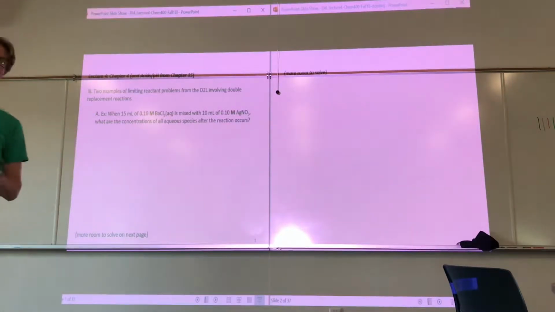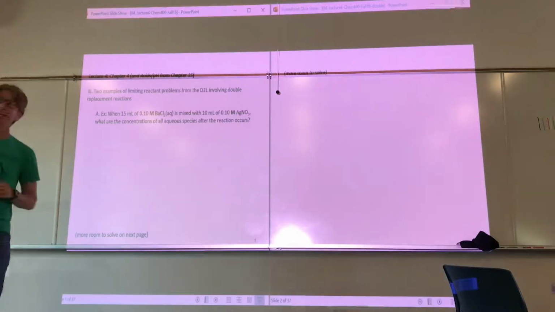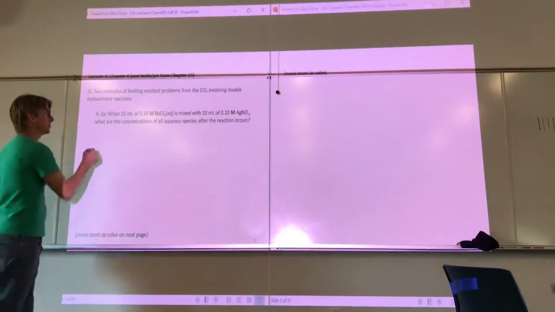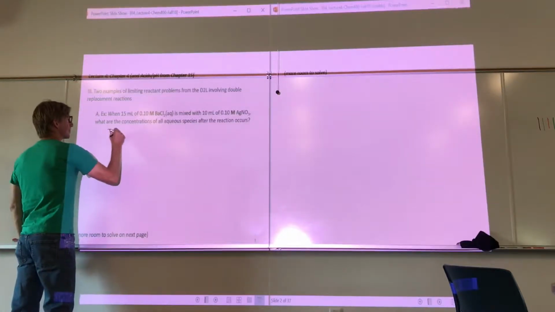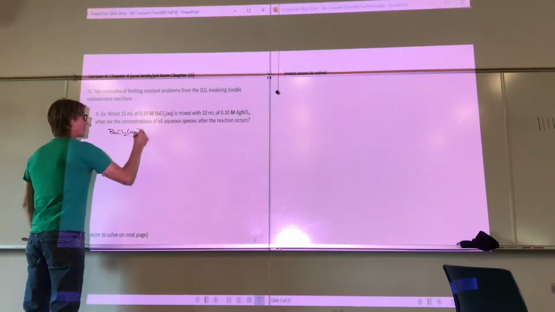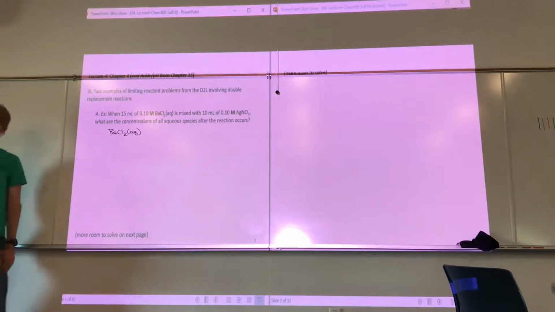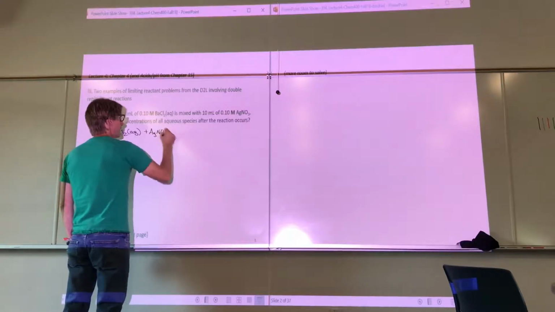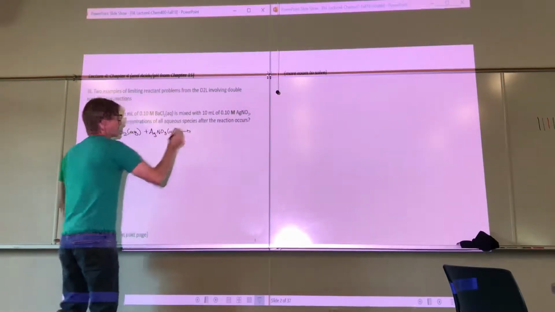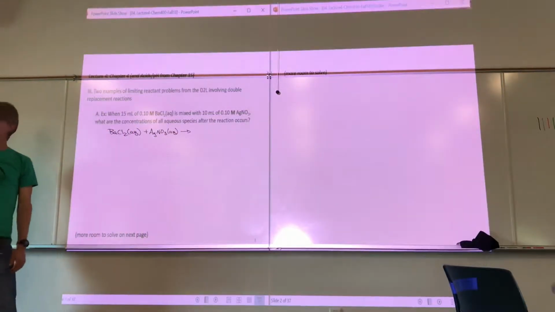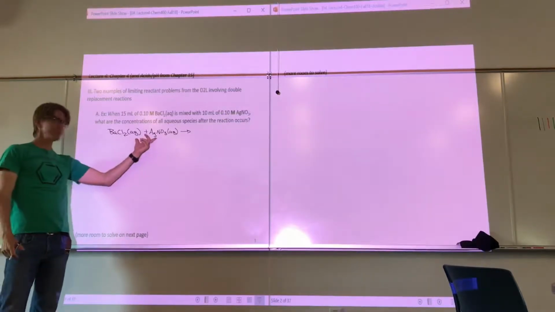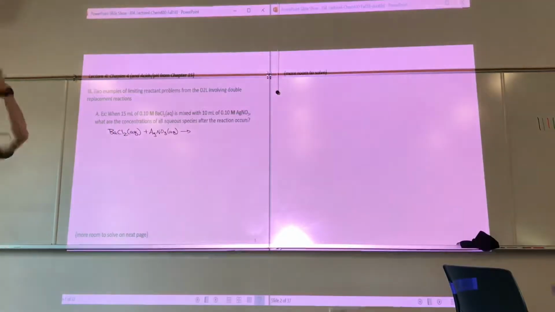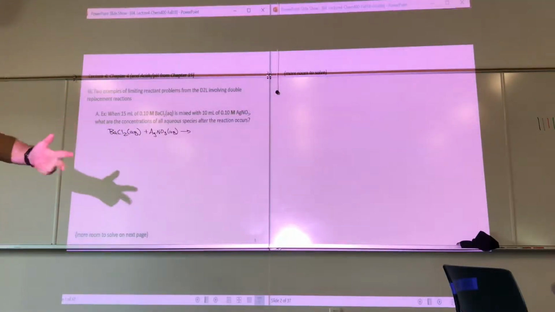If you had this question on your exam, it would actually have the balanced reaction given. The balanced reaction would take barium chloride plus silver nitrate, both aqueous species. As a separate problem, I could give you these 2 reactants and ask you to tell me the products and write an overall total ionic and a net ionic equation.